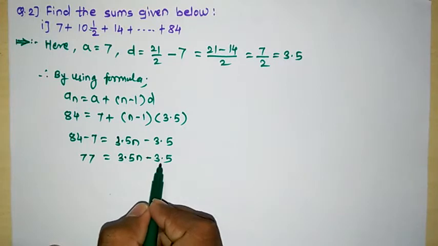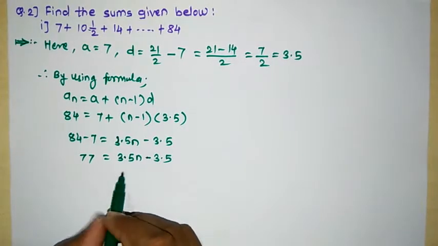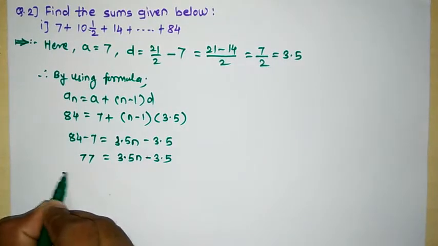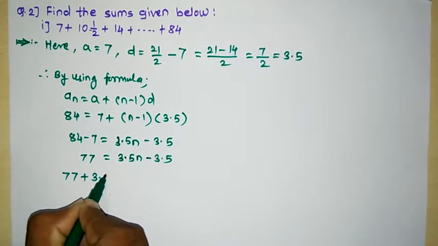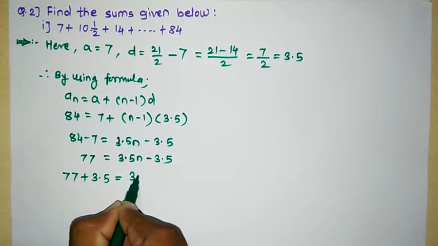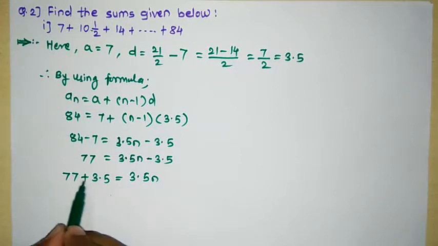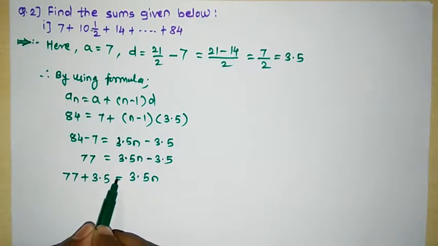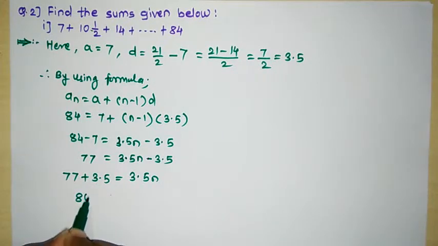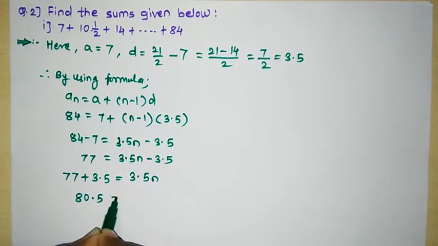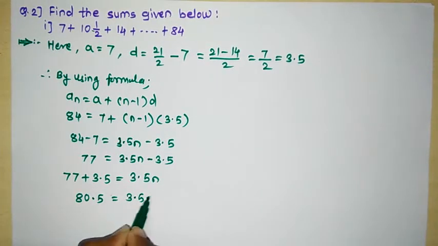Now send this minus 3.5 towards the left hand side, it will become plus 3.5. Therefore 77 plus 3.5 is equal to 3.5 n as it is. Now what is the addition of 77 plus 3.5, which is equal to 80.5, which is equal to 3.5 n. Now send this 3.5 towards the left hand side.